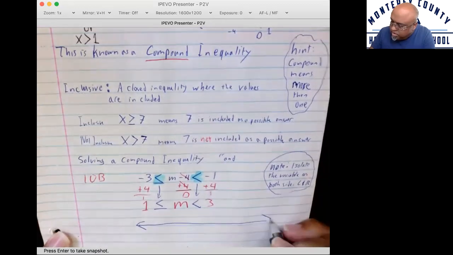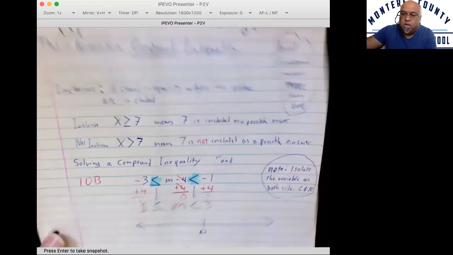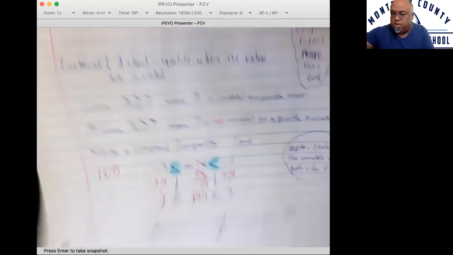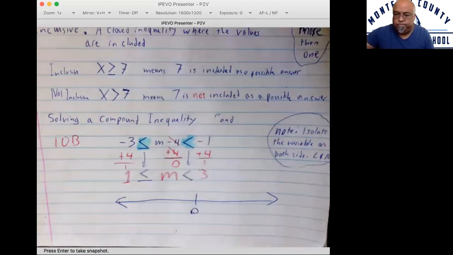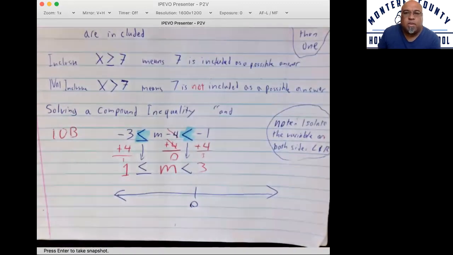So go ahead and draw a number line. If you're doing this at home with me, that might help make it easier because you will get to practice while you're actually watching the video.